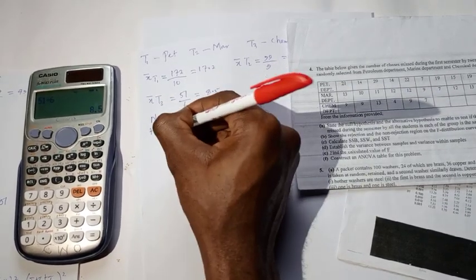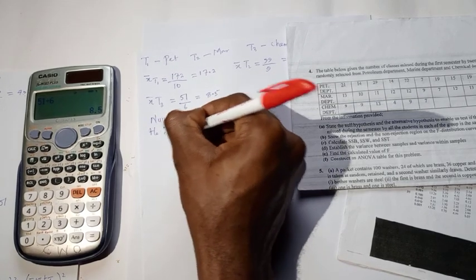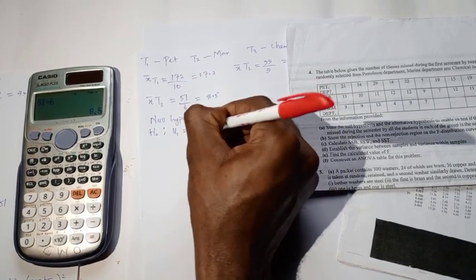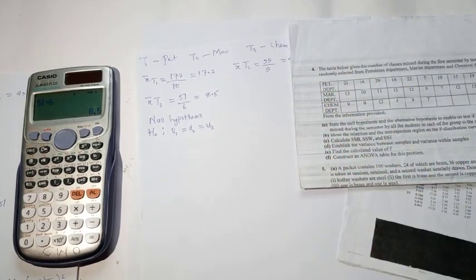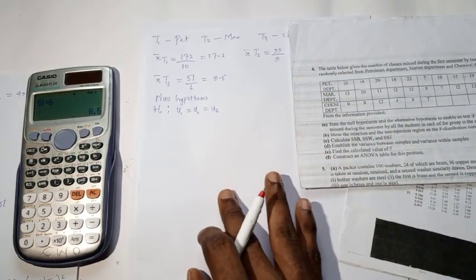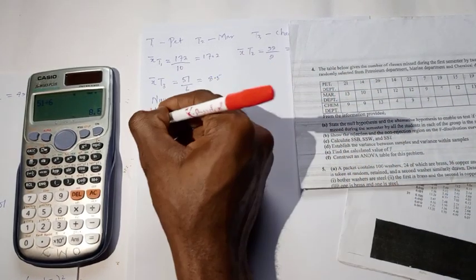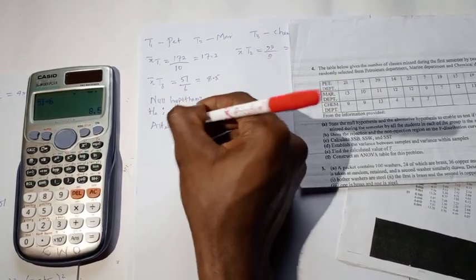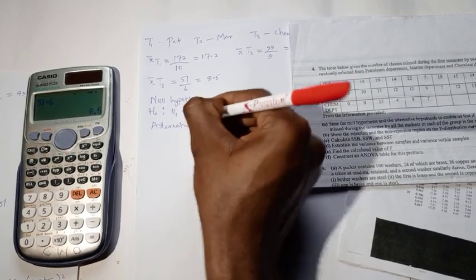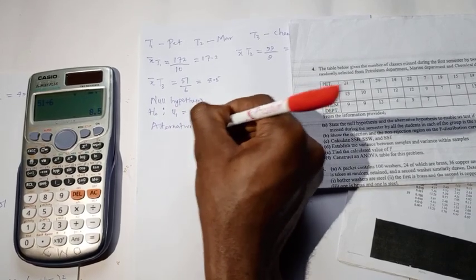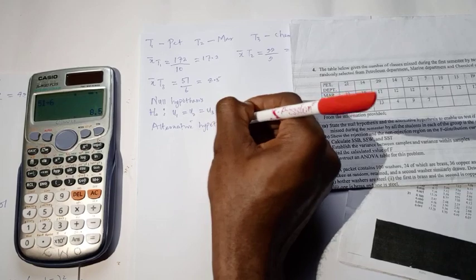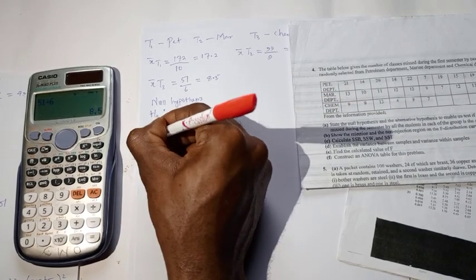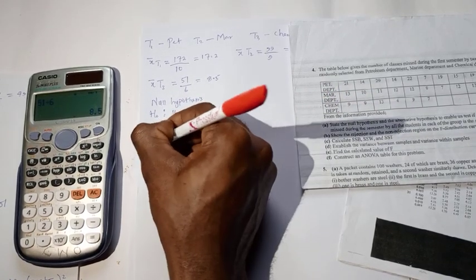So we can say mu1 equals mu2 equals mu3 as the null hypothesis. Now the next we are going to do is to state our alternative hypothesis, H1.